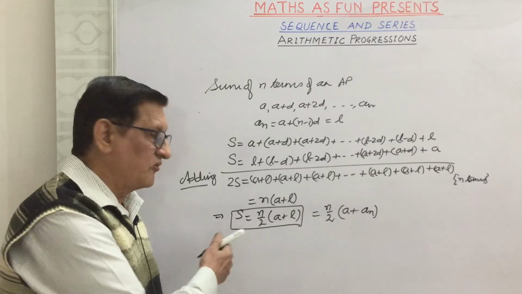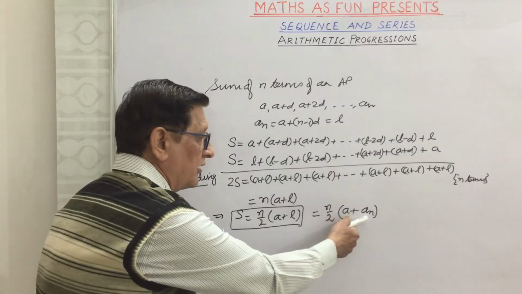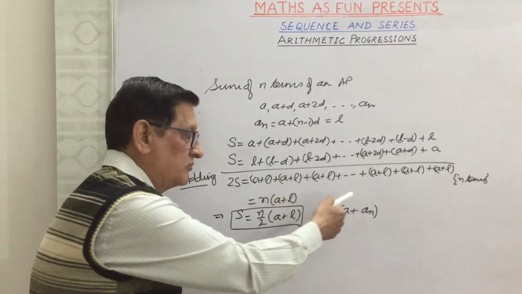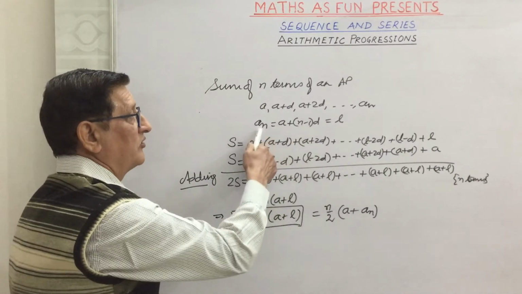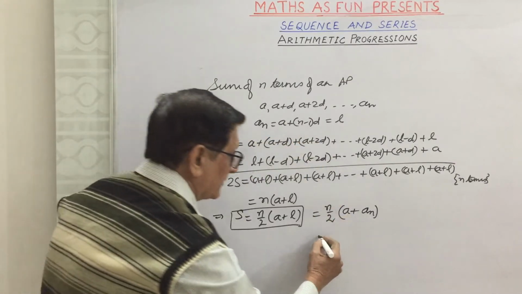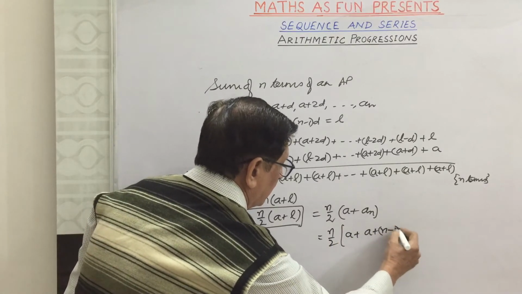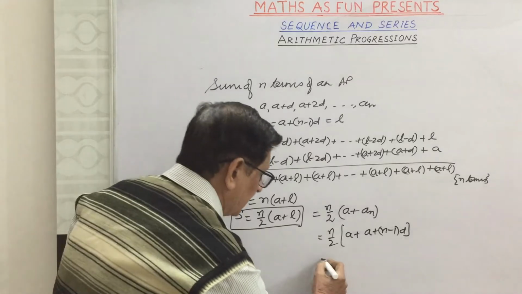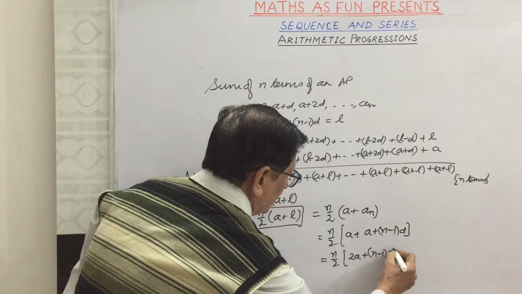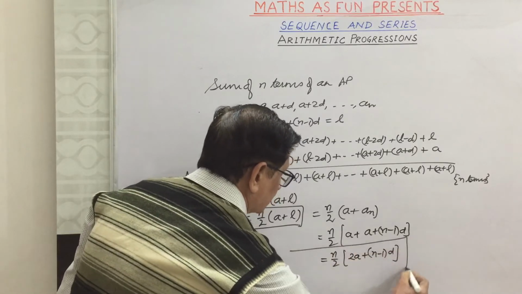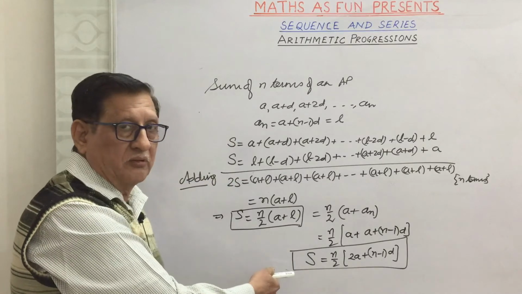So to find out the sum of n terms of an AP, we can make use of the formula n by 2 into A plus an if the last term an is known to us. But suppose it is not known, we can put the formula for an here, and that will be n by 2 into A plus n minus 1 into D, which gives us n by 2 into 2A plus n minus 1 into D. This also becomes the formula to find out the sum of n terms of an AP.